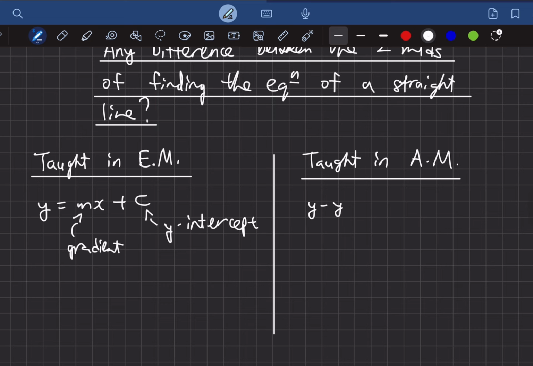y minus y1 equals m bracket x minus x1. Students will be confused. How come in A maths we introduce this? Because in A maths, no information of the y-intercept will be given.